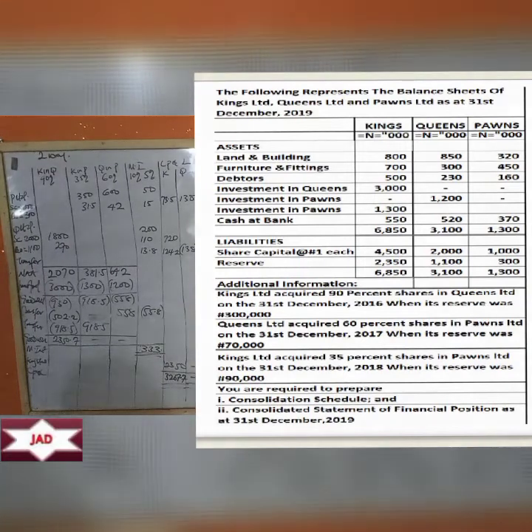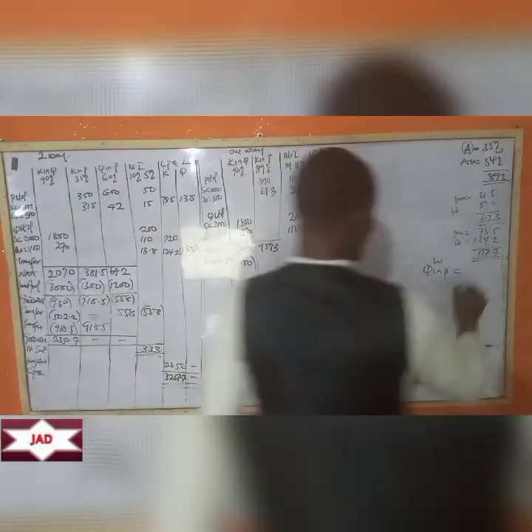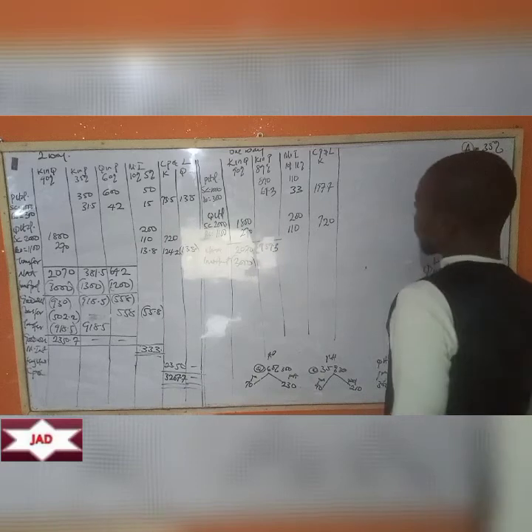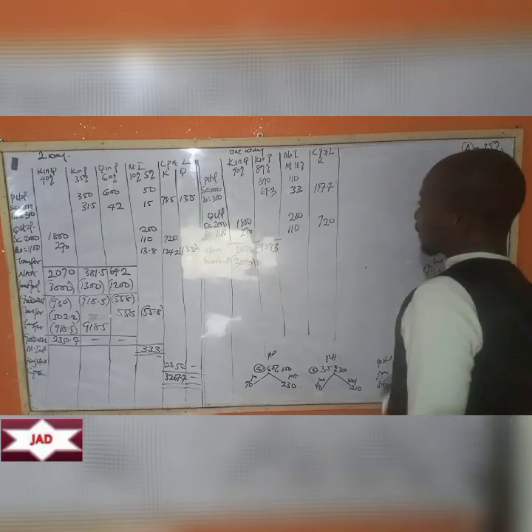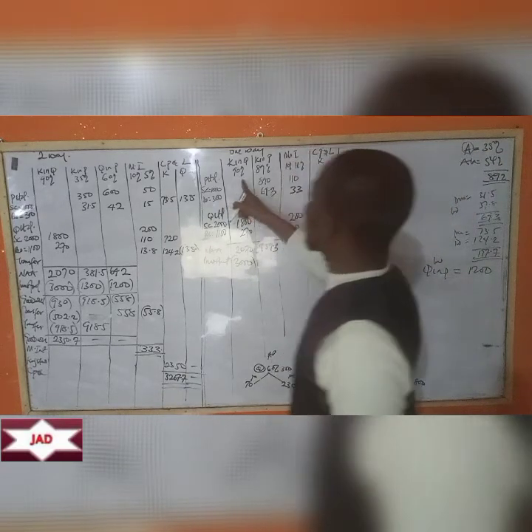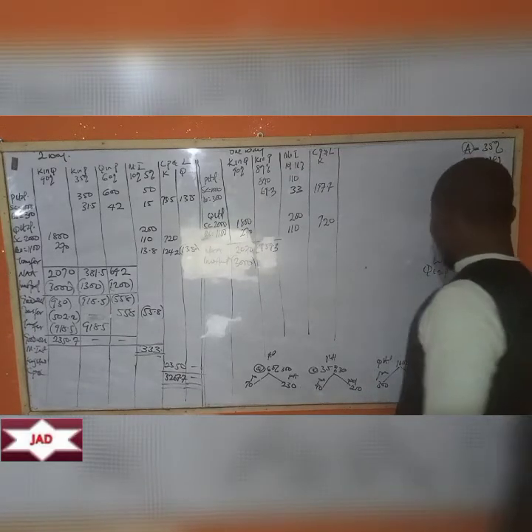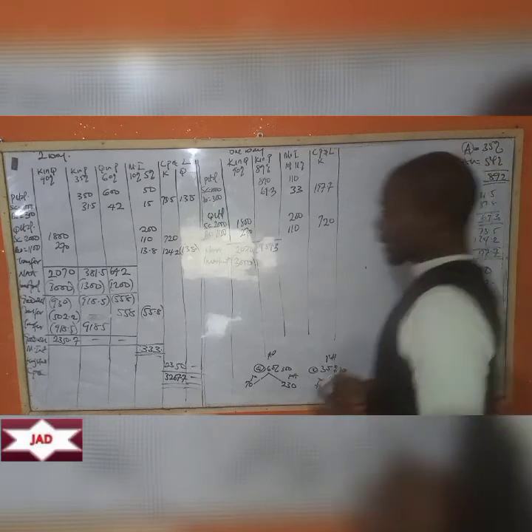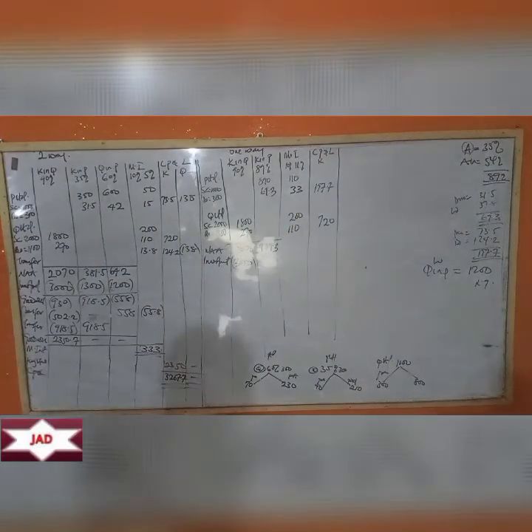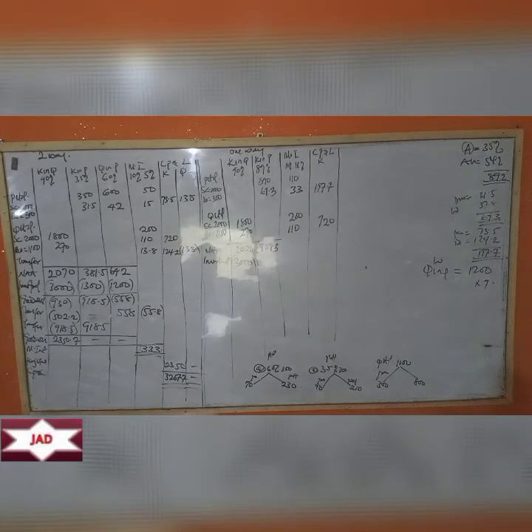Q in P is 1,200. So remember that K has 90% in Q. So K will have 90% of this, so times 0.9. So what's 90% of 1,200? 0.9 times 1,200. That's 1080.